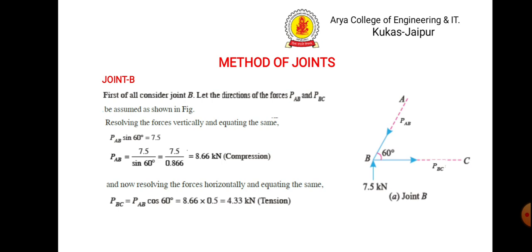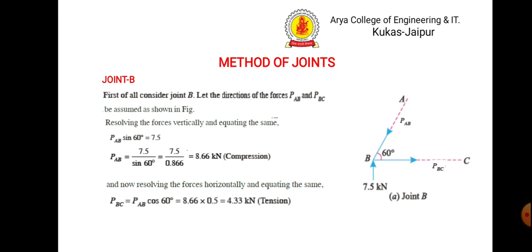For compression, the force is towards the joint, so PAB will be towards the joint. Now we apply the first condition, that is summation of Fy equals 0, resolving the forces vertically and equating them. Then PAB sin 60 downward equals 7.5 upward.